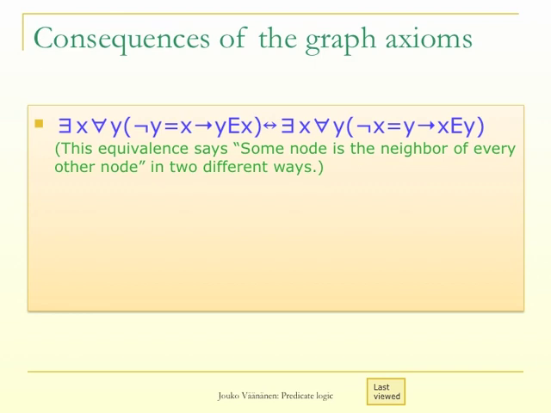In symbols, exists x for all y, negation y equals x implies y e x, if and only if exists x for all y, negation x equals y implies x e y. So really, the left side and the right hand side both say that some element x is a neighbor of every other node in two different ways.